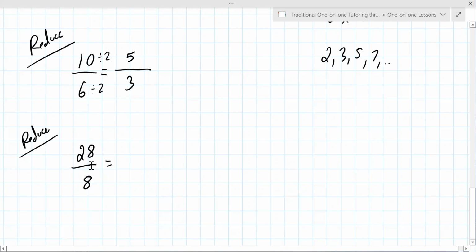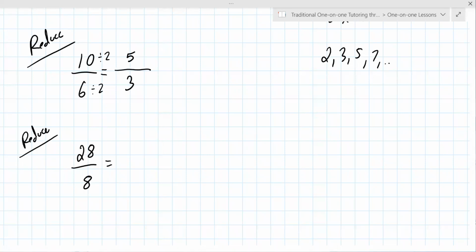So give this one a try. Definitely don't want you to find the least common multiple of these two. That will take a while.